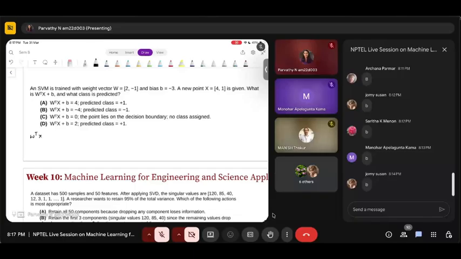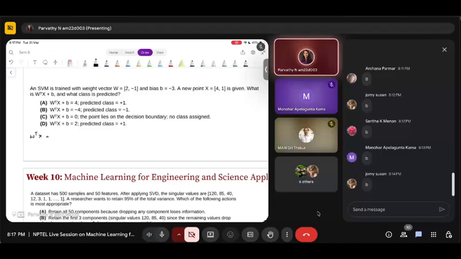So W transpose X: W is 2, -1 and X is 4, 1. When you take the dot product, 2 into 4 plus -1 into 1, that will be 8 minus 1, 7.